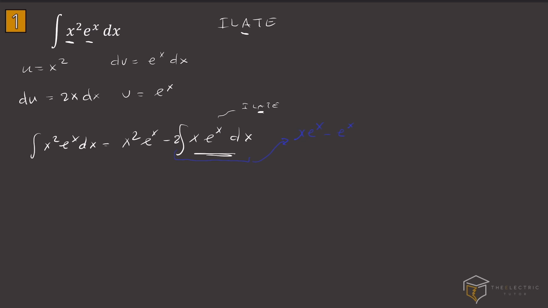So this is the result without the plus c, of course. I'm just going to distribute the 2, so 2x e to the x minus 2 e to the x plus c. So this is an example. As you can see, the integral we were left with, once again, is one in which we need to use integration by parts.